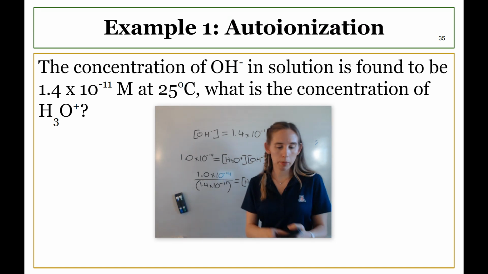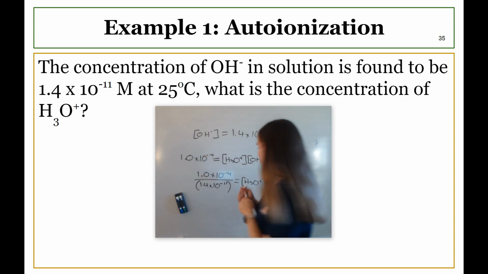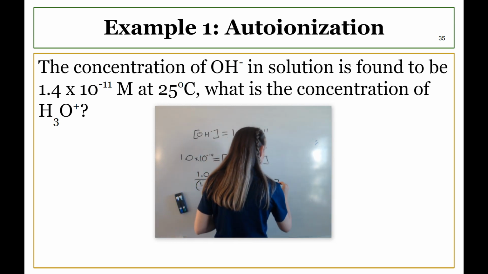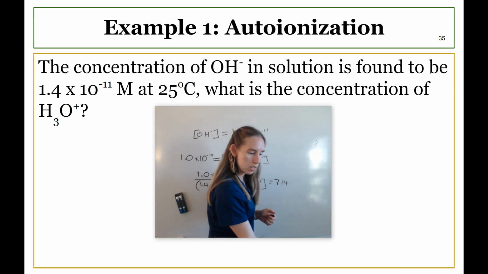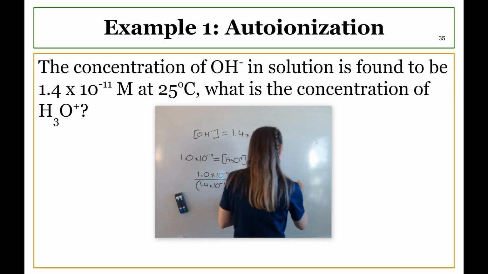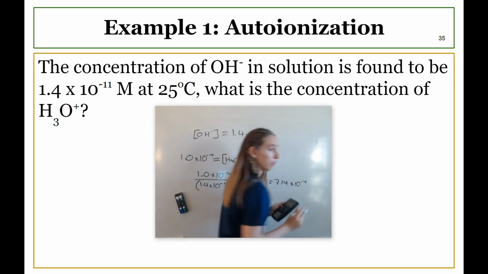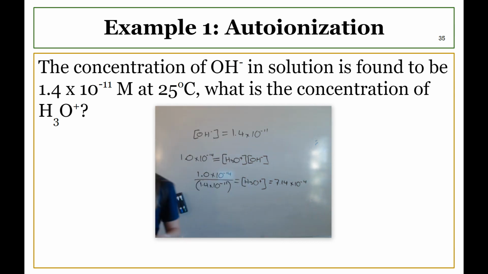Close the parentheses, press enter, and you should get 7.14 times 10 to the negative 4. If you don't get that, you probably forgot your parentheses. So go ahead and double check that really quick. All right, let's move on to the next problem.